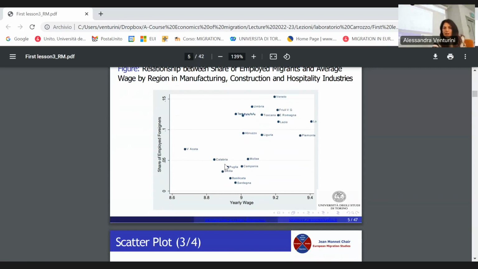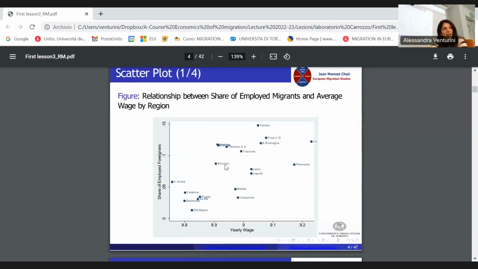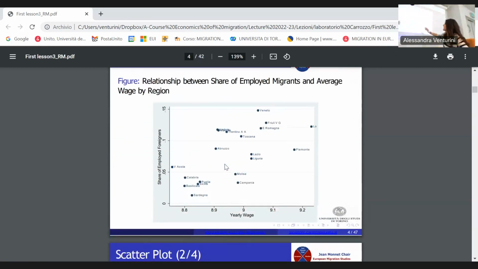That is clear if we look at this figure that shows the general relationship, in which you have Sardinia, Calabria here, Lombardia, Veneto.